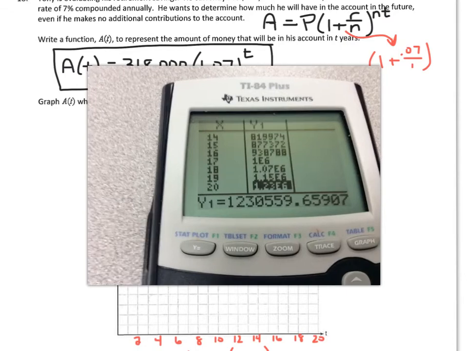Okay, so now what I'm going to do is, instead of using this number, because this is going to be hard to space out on our graph here, I'm going to take this value and round it up a little. I'm going to round it up kind of high. I'm going to make it 1,500,000.